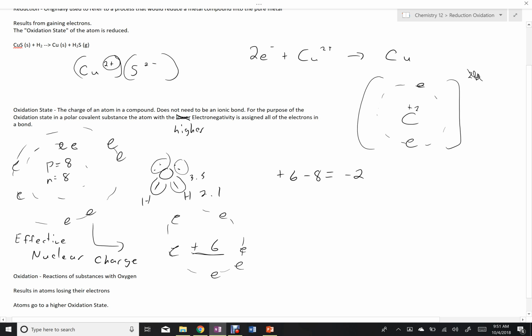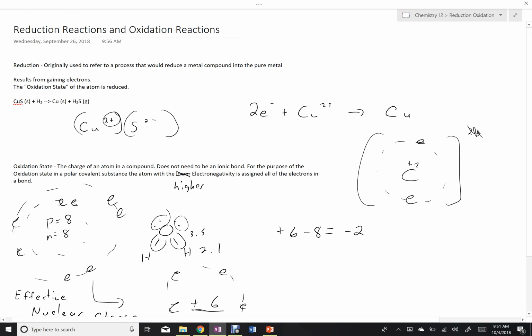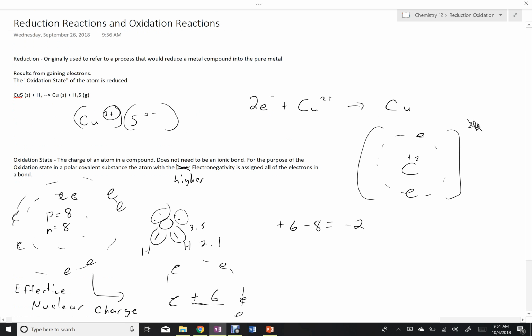Again, I'm going to do a whole other video where I talk about these in detail, but a reduction reaction can be thought of as either reducing a metal to its pure metal state from an oxidized or compound metal, or it can be thought of as something that reduces the oxidation state. So here in this ion, its charge would be 2 plus, so that's its oxidation state.